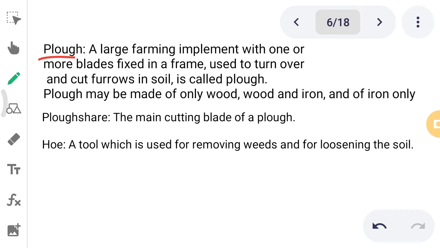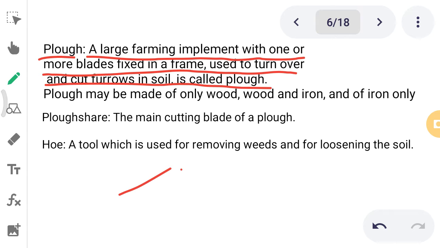Coming to the plough. A plough is usually an agricultural tool. A large farming implement with one or more blades fixed in a frame, used to turn over and cut furrows in soil, is called a plough. It is usually like this. Okay, here is the soil.